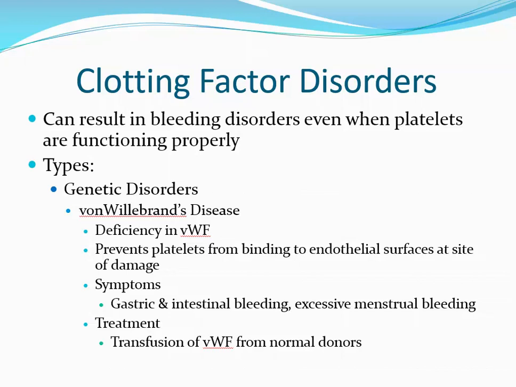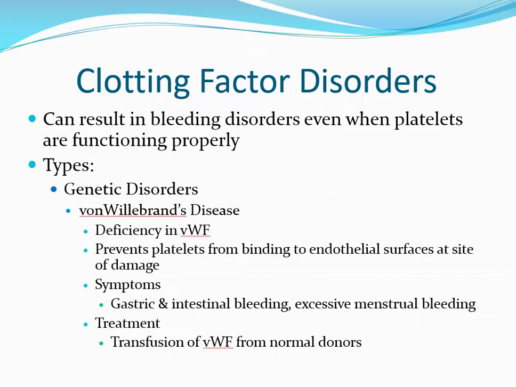This is a genetic disorder due to a deficiency in VWF. This prevents the platelets from binding to the endothelial surfaces at the site of damage. Remember, the VWF is bound to the collagen, and the platelets have receptors for the VWF and will bind. So this prevents the platelets from binding.